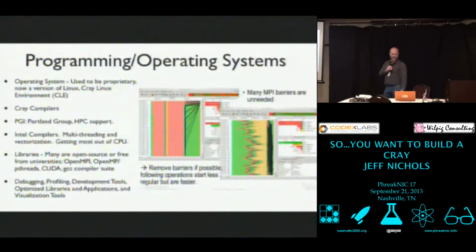Okay, so we'll finish up a couple more components here. Programming, operating systems. We've gone through a lot of it, but Cray OS was proprietary. It's now Linux, SUSE. It's a version of SUSE Linux that has been modified, the network stack especially has been changed, and it's called the Cray Linux Environment, or CLE.